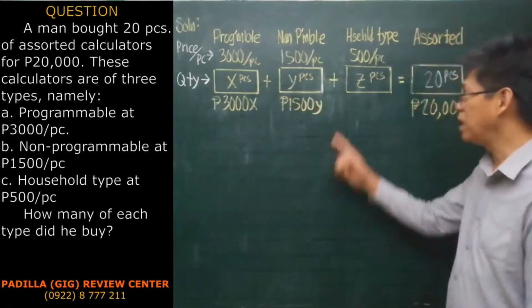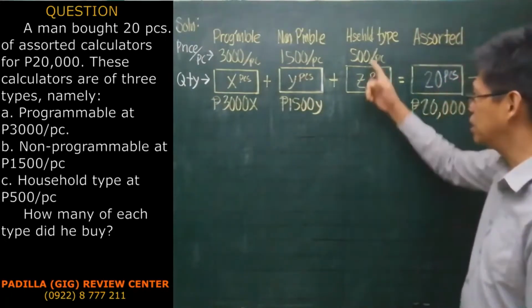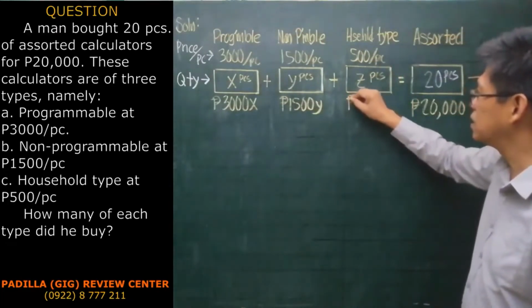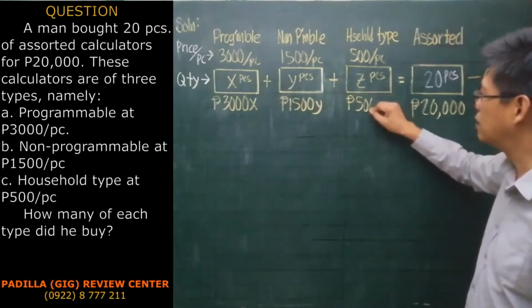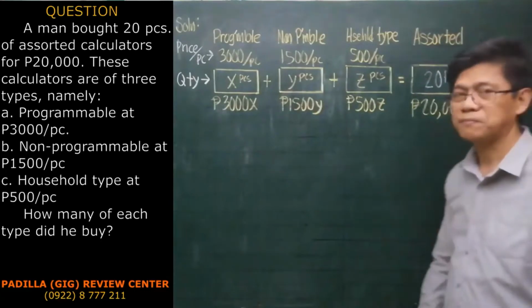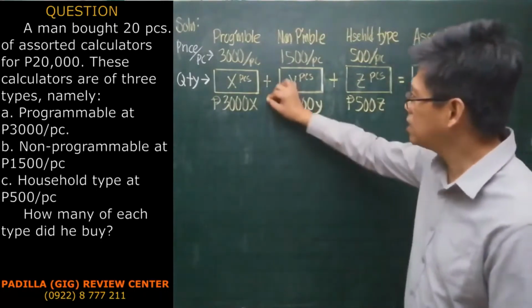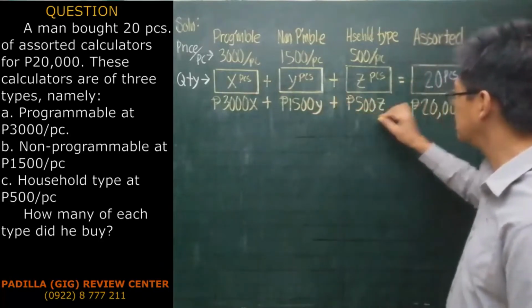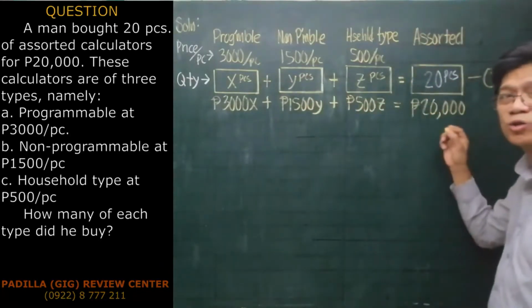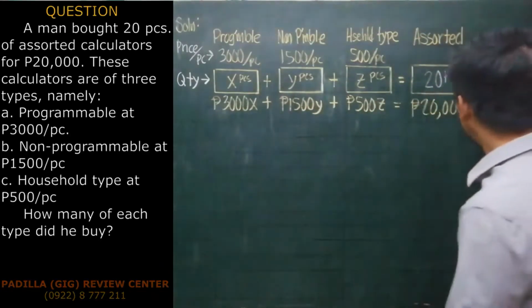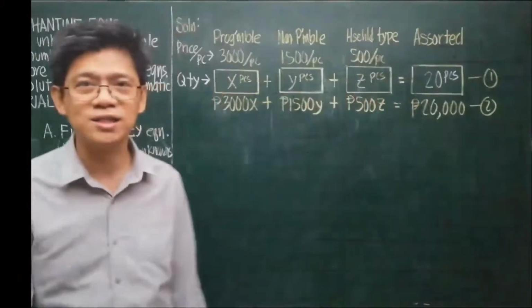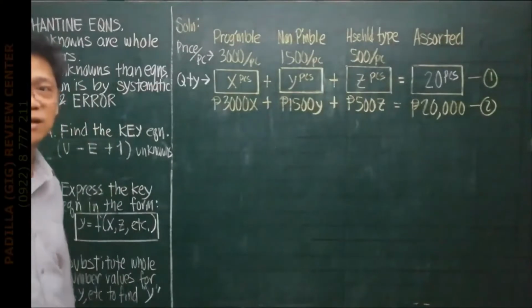While the amount he paid for the household type is 500 pesos per piece times Z pieces, this is 500 Z. You just add them, and this plus this will be equal to 20,000. This would be another equation between X, Y, and Z.